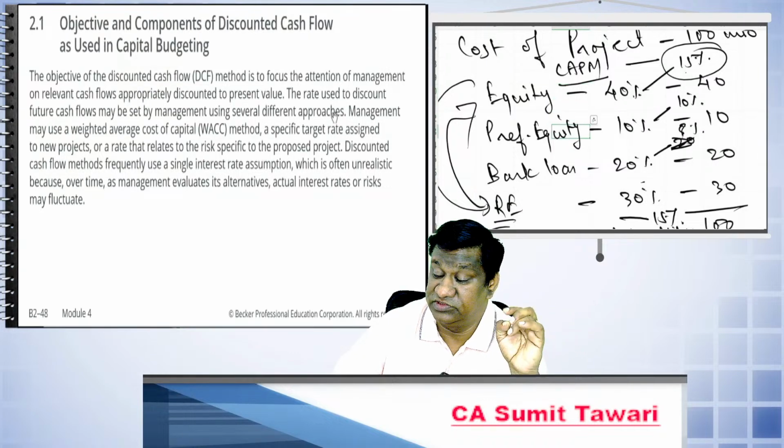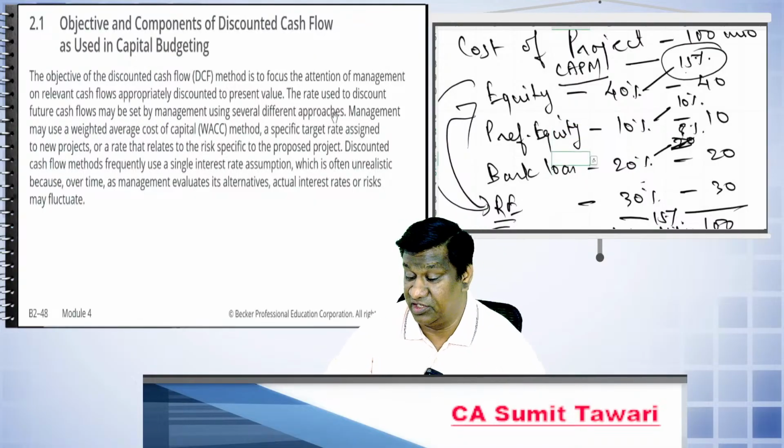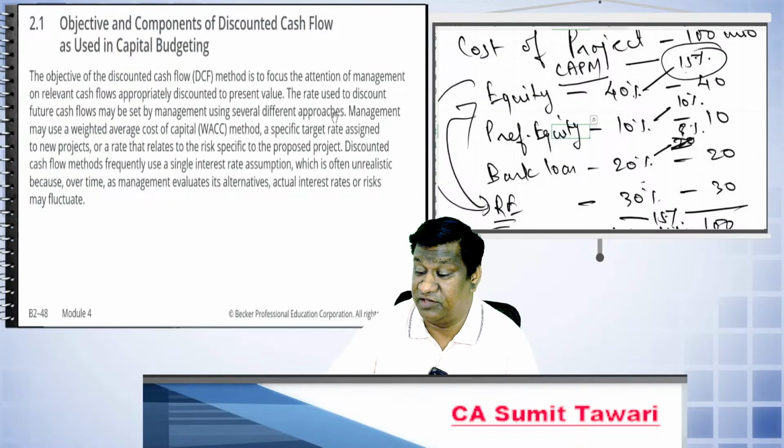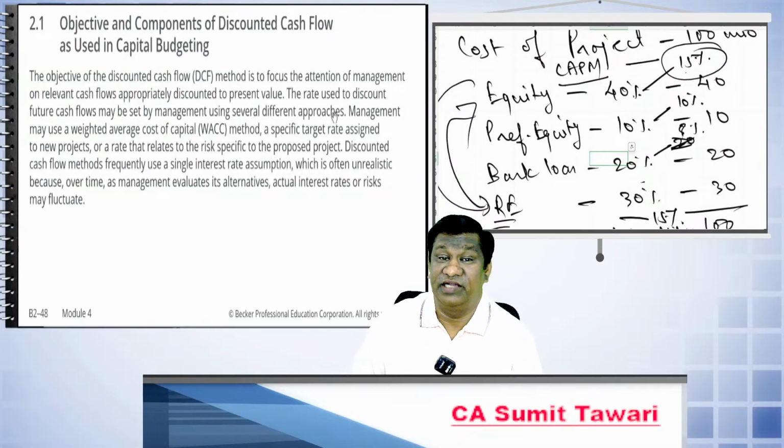Preference equity holders are okay to invest 10% and we can take a bank loan of 20%. Preference shareholders expect a 10% return, and as this dividend is non-tax deductible, we do not require to make any adjustment. But bank loan, whatever may be the interest we are going to pay, that is tax deductible.